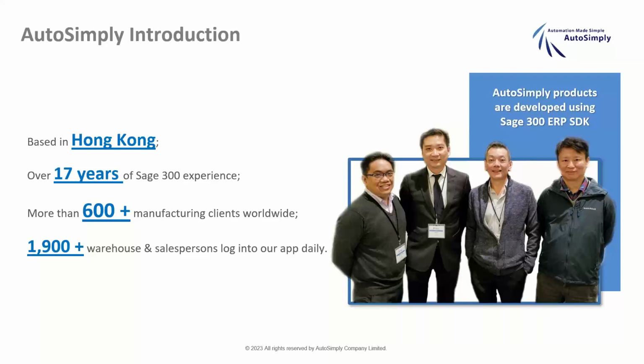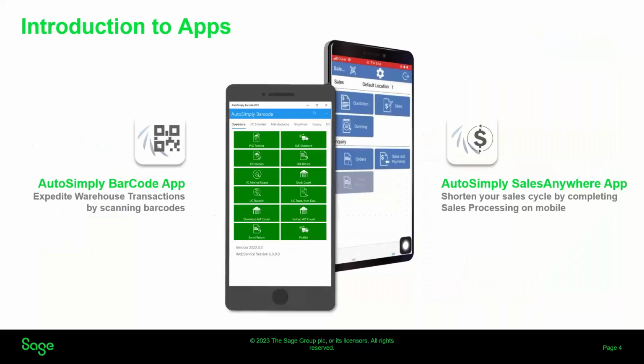And there would be at least 1,900 users logging into our barcoding and Sales Anywhere apps worldwide, posting real-time transactions to Sage 300. So for this session, we will actually be focusing more on our app solutions. Everybody, I think, in this room would be very familiar with apps. You use your phone, your tablet, even a laptop if you want to post transactions.